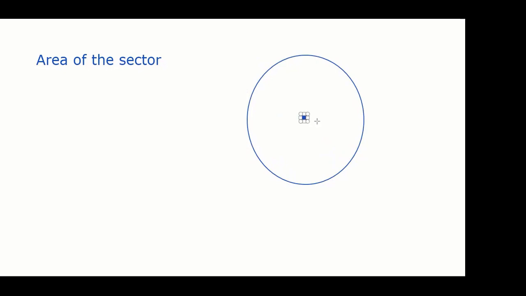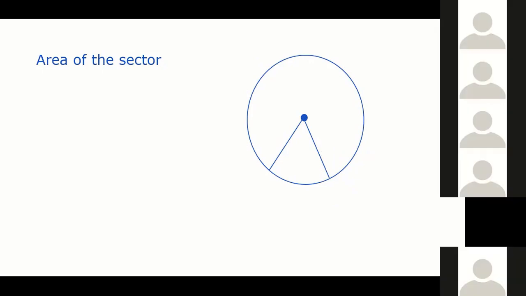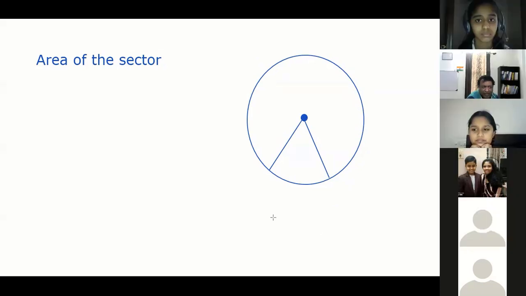Formula is given, but I don't want you to mug. Imagine. What is sector? Sector like this only, right? So what happens is, this is your sector. How to get the area of sector?